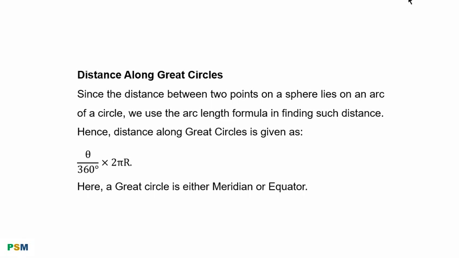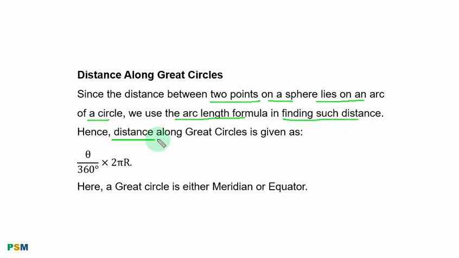Distance along great circles. Since the distance between 2 points on a sphere lies on an arc of a circle, we use the arc length formula in finding such distance.